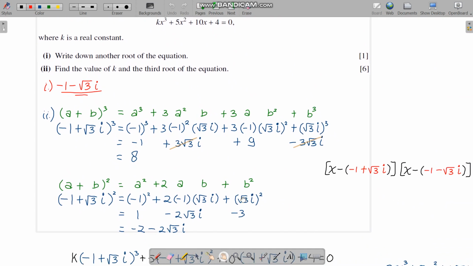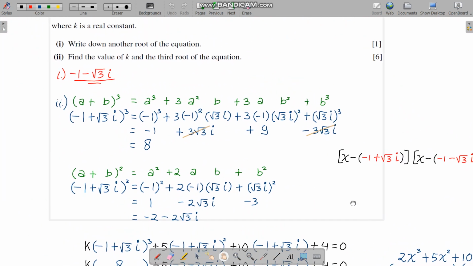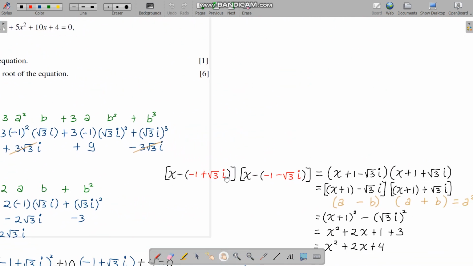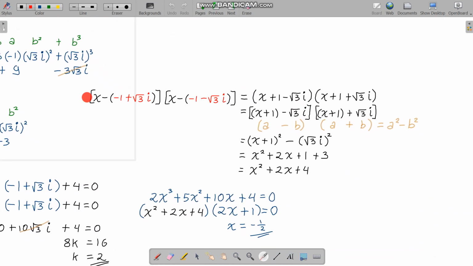And the third root of the equation. To find the third root, remember that since minus 1 plus root 3 i is a root, x minus the root is a factor, x minus the other root is another factor.